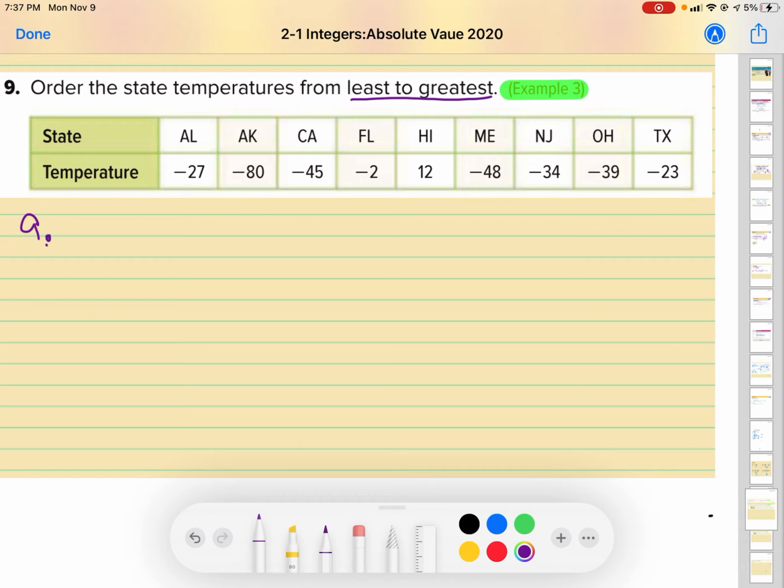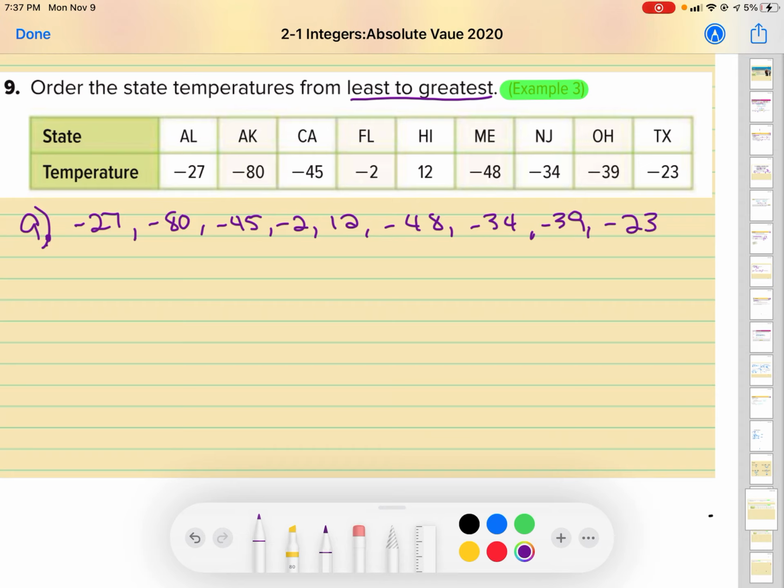All right, most effectively, and because you need to copy down the original problem, -27, -80, -45, -2, 12, -48, -34, -39, and -23.